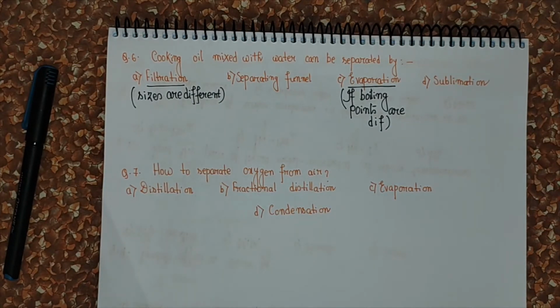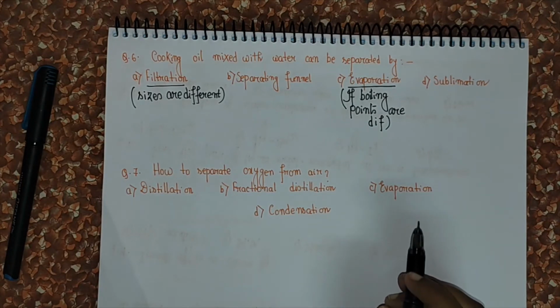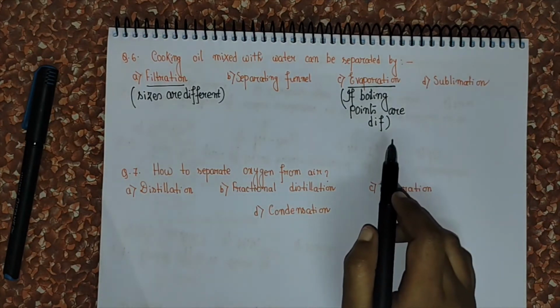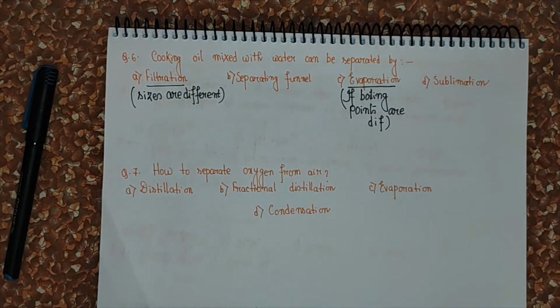In seawater, a large amount of salts are present in the form of NaCl, MgCl2 or CaCl2. At 100 degrees Celsius, water will evaporate and the salts will be left behind in the container.